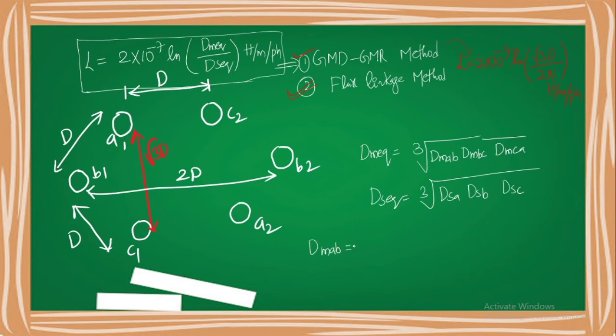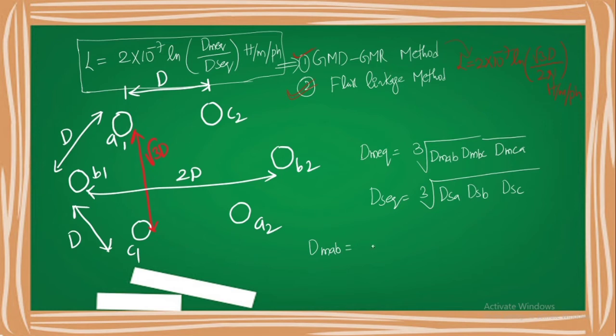How can you find the geometric mean distance between A phase and B phase? First, you need to consider A phase as one side, which contains n number of conductors, and B phase as another side, which contains m number of conductors, right? Now how can you find the GMD?